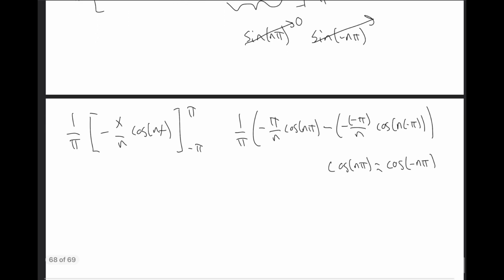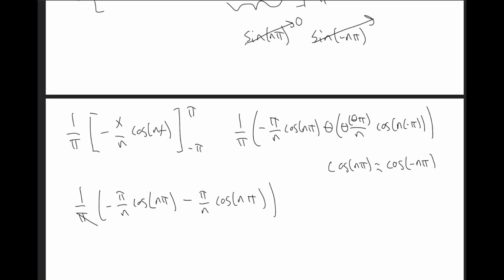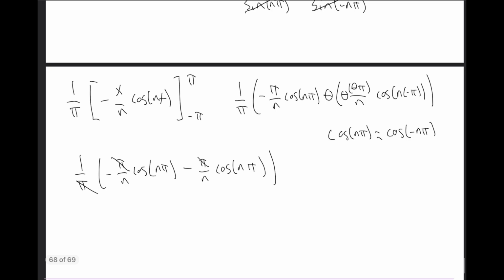So we can simplify this to 1 over pi times negative pi over n cosine of n pi, and then this is 3 minuses, so we get a minus pi over n times cosine of n pi. And so the pi's cancel out on every term, and we're left with negative 2 over n cosine of n pi. And that's going to be equal to b n.